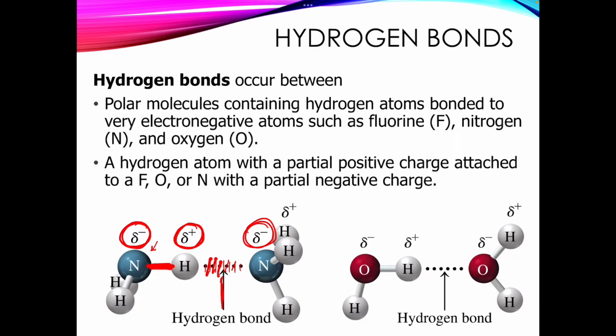We see the same thing in water. Water has an oxygen, which is very electronegative, and it has a hydrogen bonded to that oxygen. So that makes that hydrogen really electropositive, okay? And that hydrogen can be attracted to an oxygen of another molecule, making a very, very, very strong attraction known as a hydrogen bond.